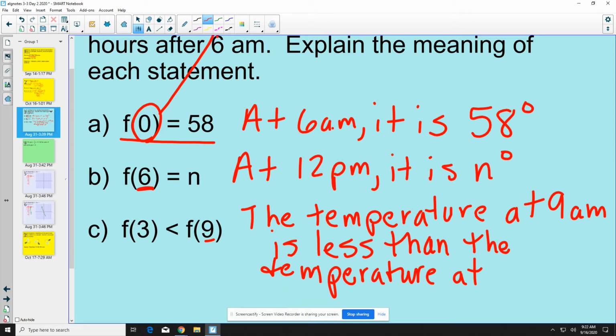So that would be 6 p.m. So the temperature at 9 a.m. is less than the temperature at 6 p.m.